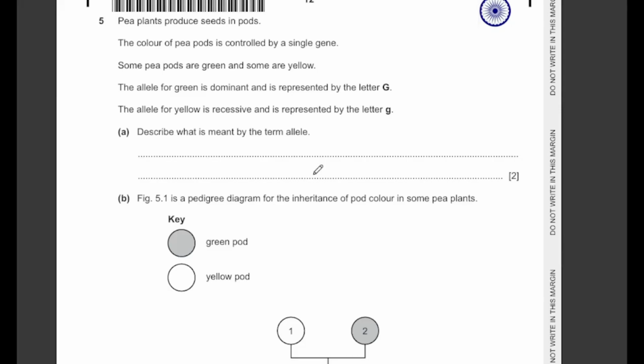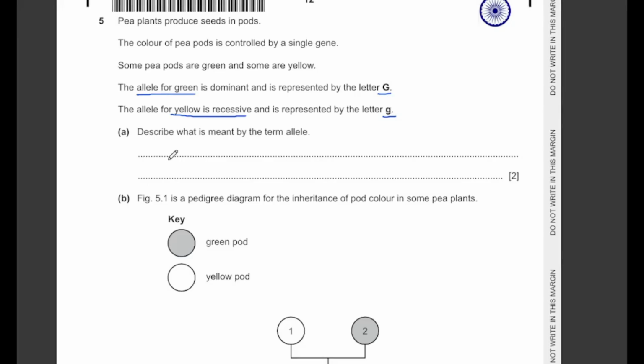The allele for green is dominant and it is represented by capital G. Whenever you have such a question, underline some important terms there. Green is dominant and represented by G, whereas the allele for yellow is recessive and represented by the small g here. Now describe what is meant by allele.